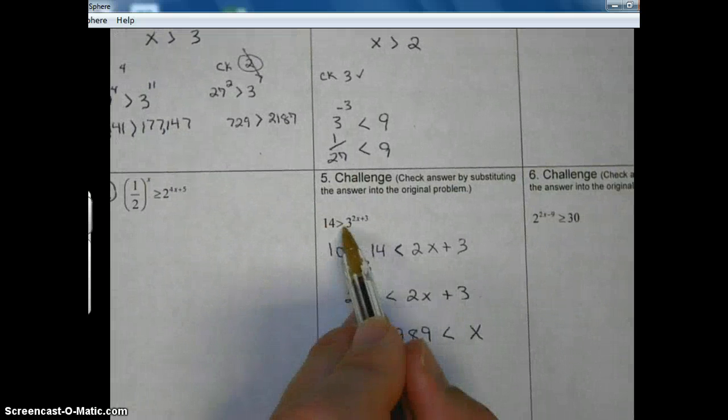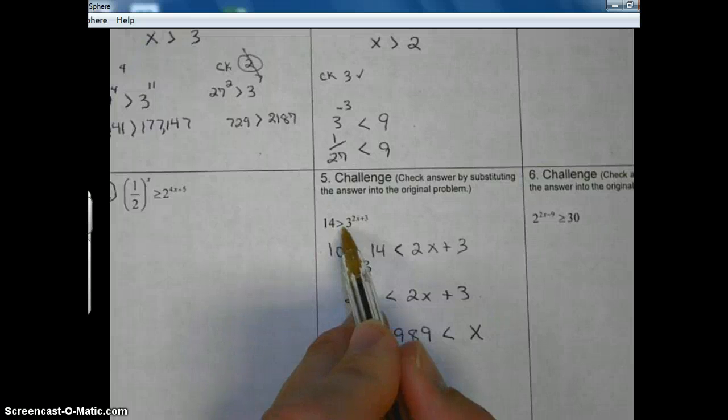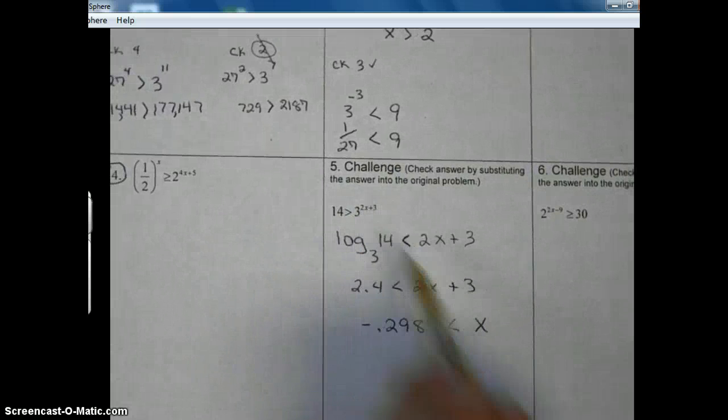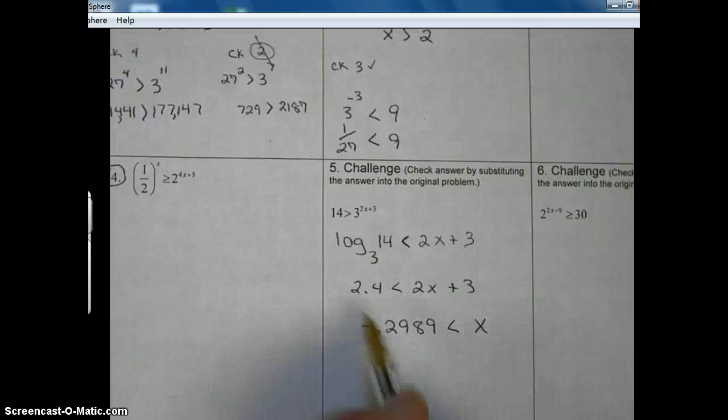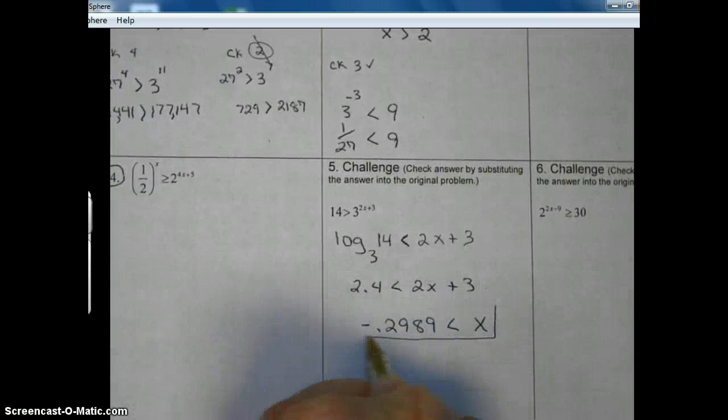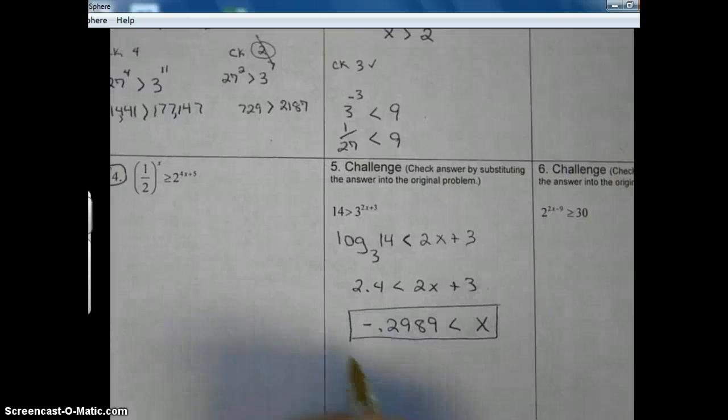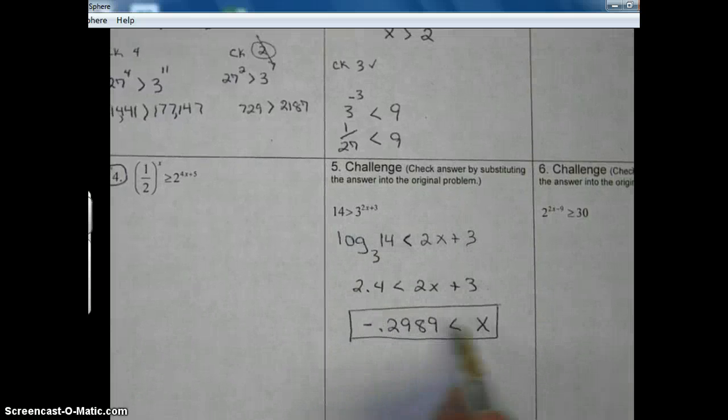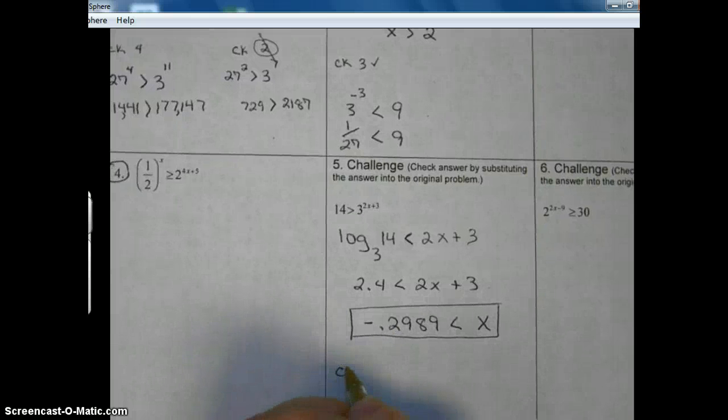But in order for this to be less than, all values of x have to be greater than this number. So I could choose a number greater than this value and it should work. Let's choose an easy number greater than this. Let's check 0.